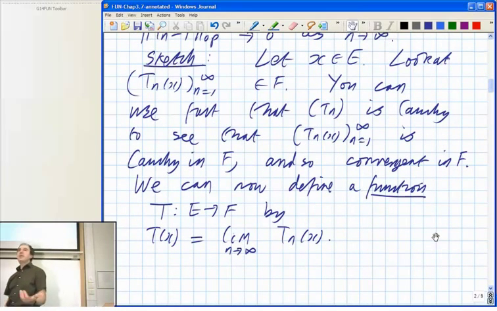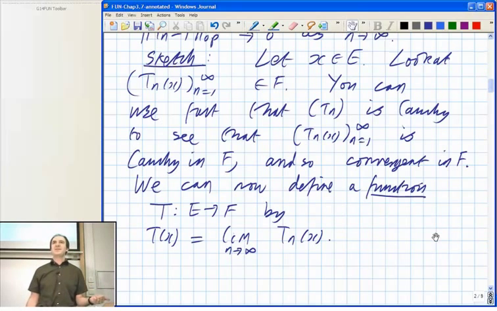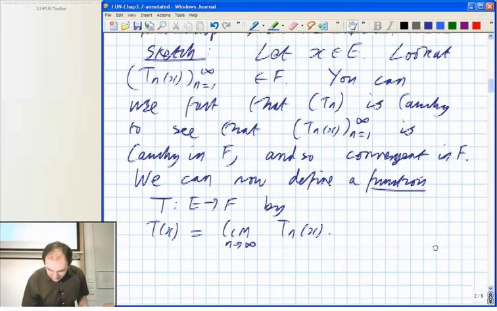Well, so far we know very little about t. The rest of the proof consists of showing, first of all, that t is linear, which is easy. Next, that t is bounded, and that Tn minus t tends to 0, and that's the Cauchiness stuff happening again.